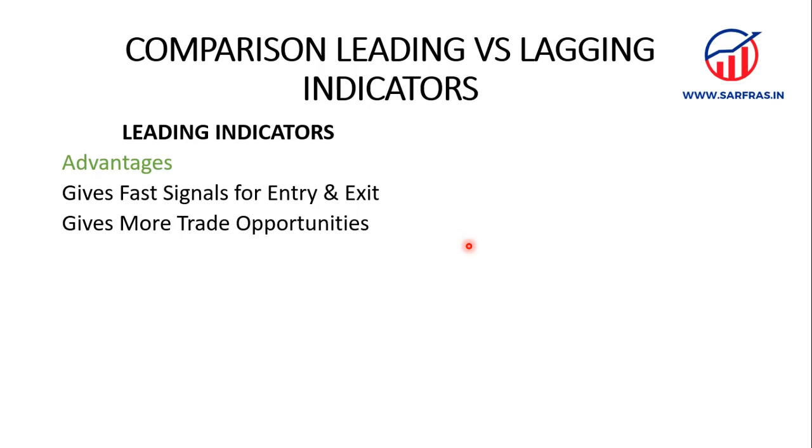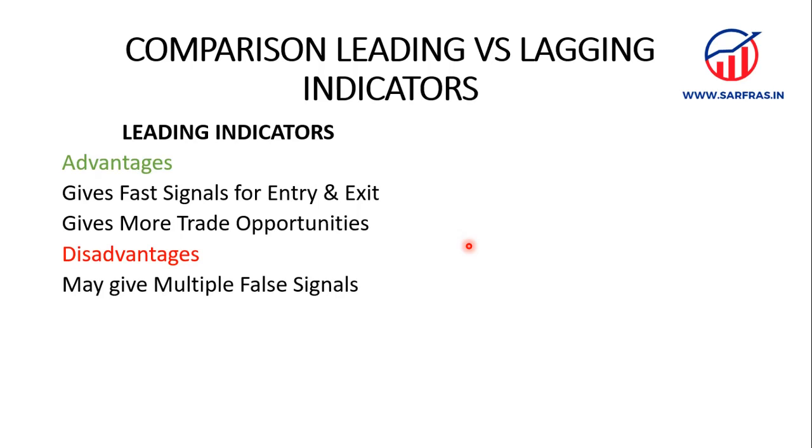The second thing is, if you are a day trader, then it gives you more trade opportunities which a lagging indicator would not give you. The main disadvantage is that, because it's fast and reacts to instant price changes, it may end up giving you multiple false signals.